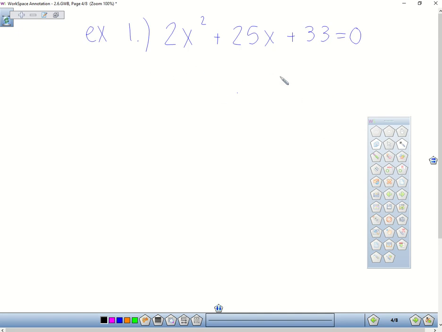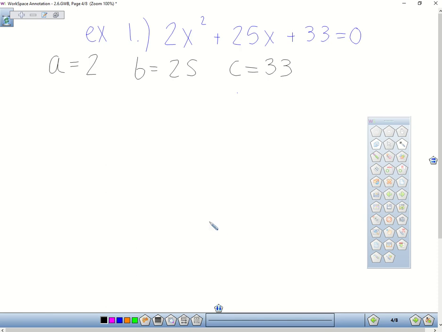So what we need to do here is make sure that we're in the form ax squared plus bx plus c. Once we get that, we're going to identify a, b, and c. Good.